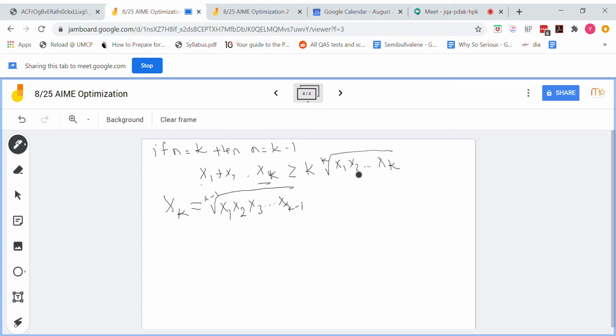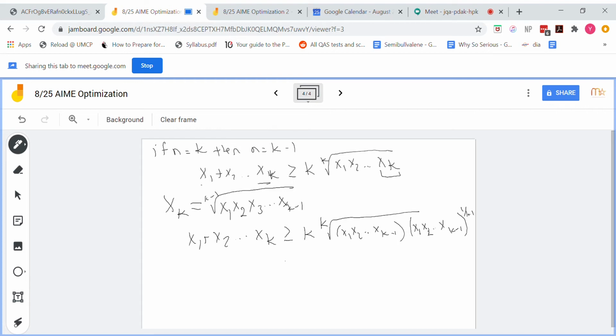So it's the geometric mean of the other k minus 1 terms. Now if we plug this in, we get x1 plus x2 all the way to xk is at least, on the right side, k times the kth root of x1, x2 all the way to xk minus 1, times now xk, which we know is x1, x2 all the way to xk minus 1 to the power of 1 over k minus 1.